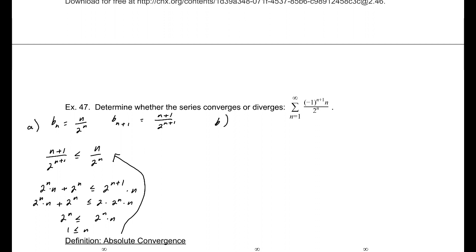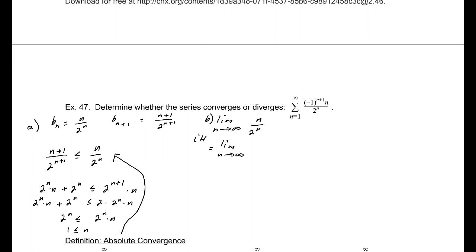Part B: does n over 2 to the n, is that limit in fact going to be 0? Now let's first apply L'Hopital's rule. Actually, let's write that clearer. Let's put the limit over here. And this is because of L'Hopital's rule.